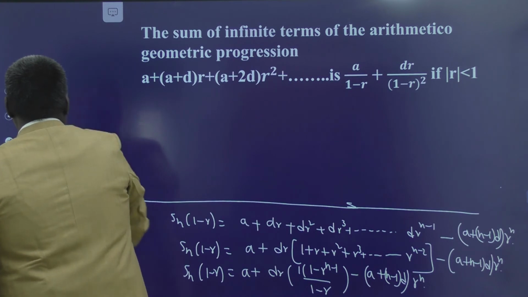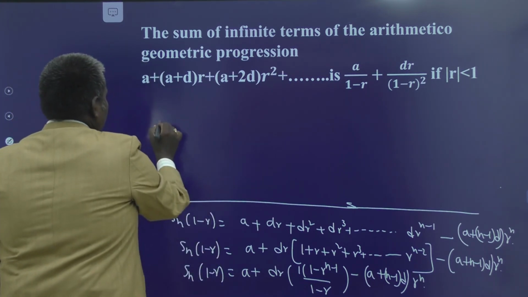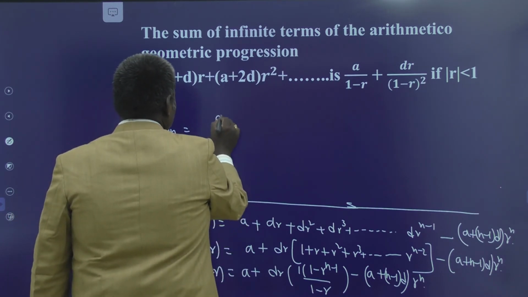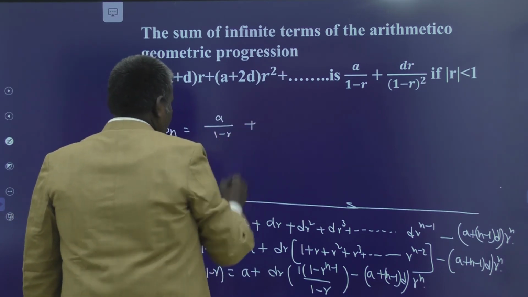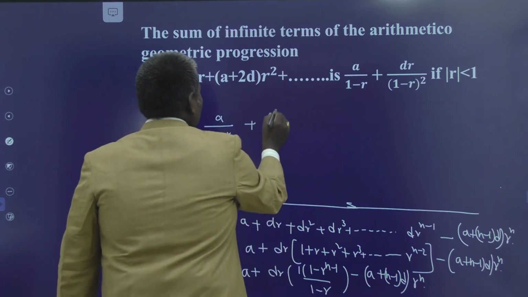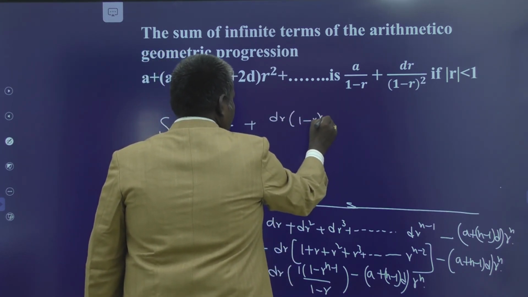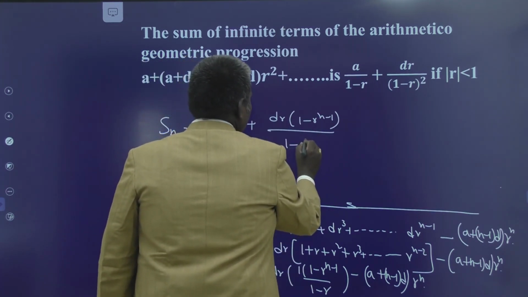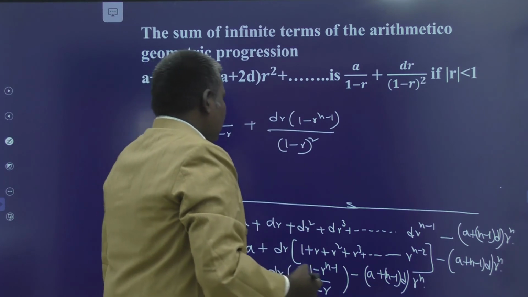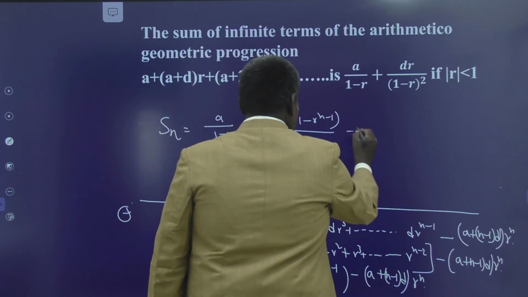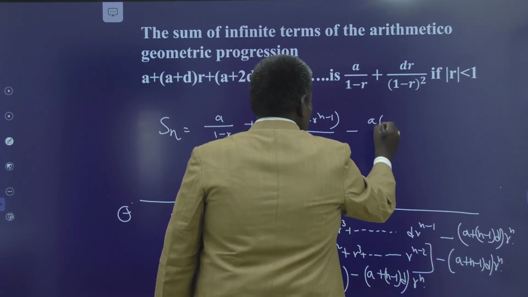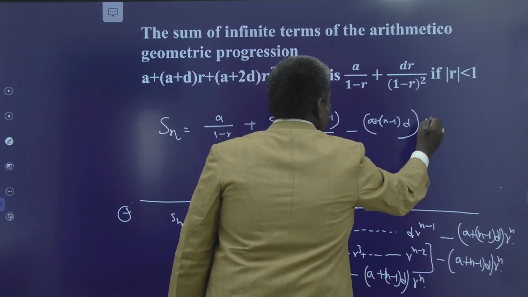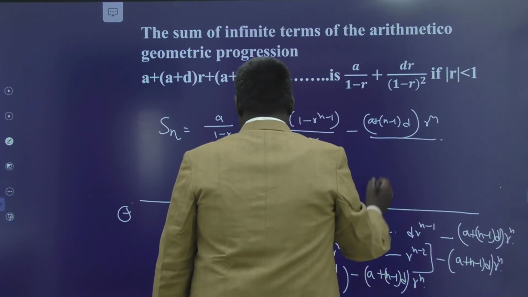Now see here, from that can I write the Sn value or not? Sn is equal to A by (1 minus R) plus dr into (1 minus R power n minus 1) whole divided by (1 minus R) whole square, minus (A plus (n minus 1) into D) into R to the power of n by (1 minus R).